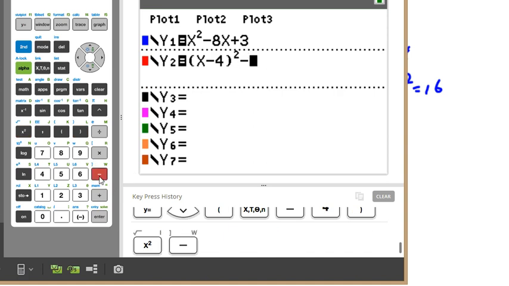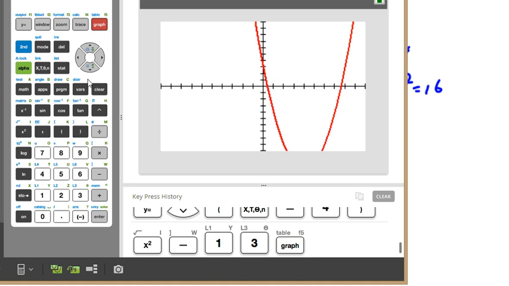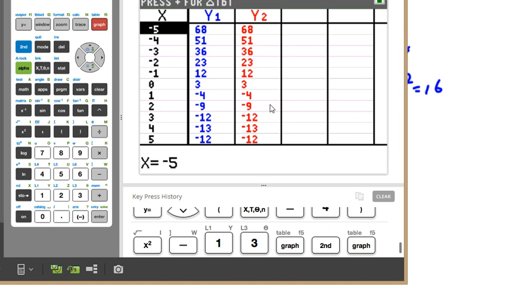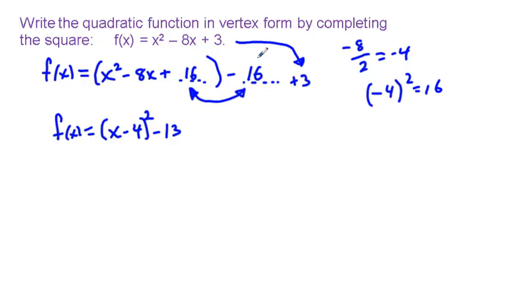I think that's the same thing. So we should have the red one tracing right over the blue one if we are correct here, which we are. And if we go to table view, we can see that they are both the same. So this would be our correct answer right here.